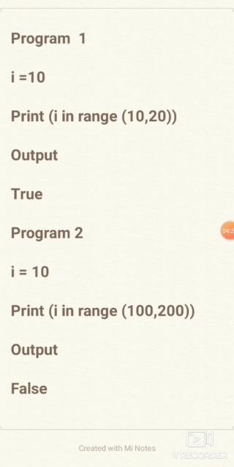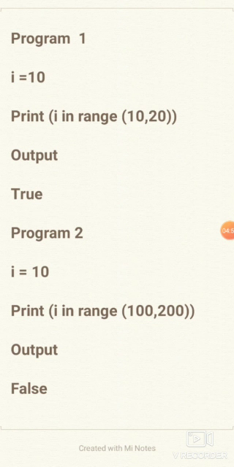Now program number 2. The initial value of the variable i is assigned 10, using a step of 2 also, using the range function. A sequence is created with all the values between 100 to 199.